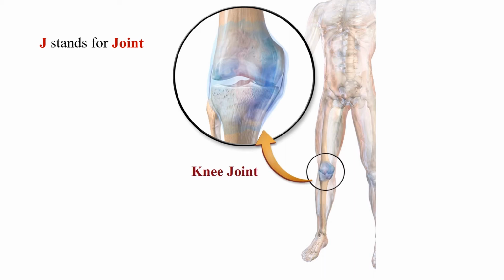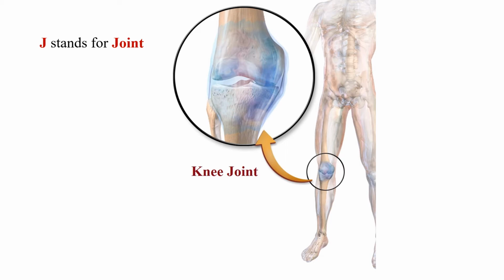And so the joint is where two bones meet and they connect together to allow for movement. So a joint connects two bones and the bones move against each other at the joint.